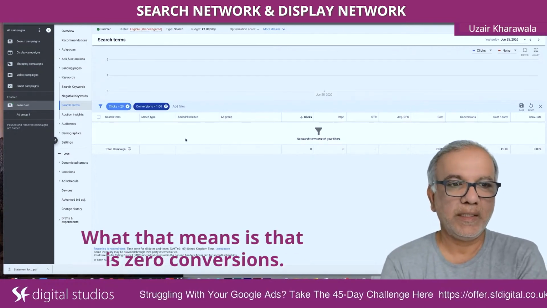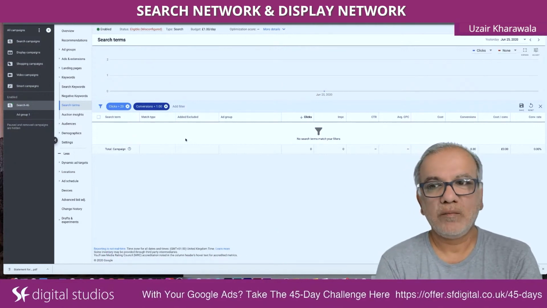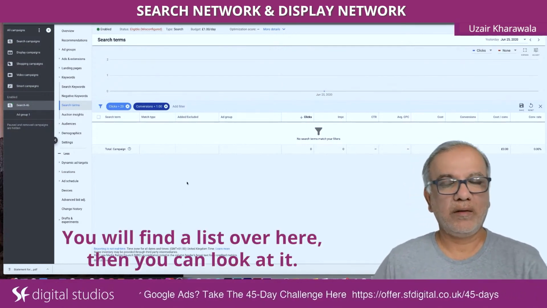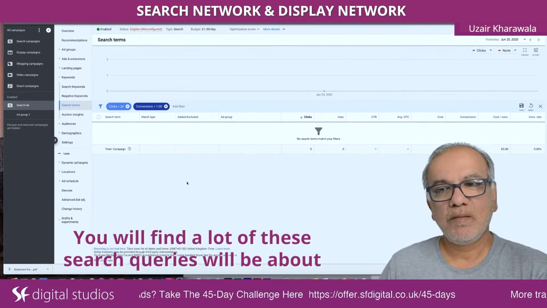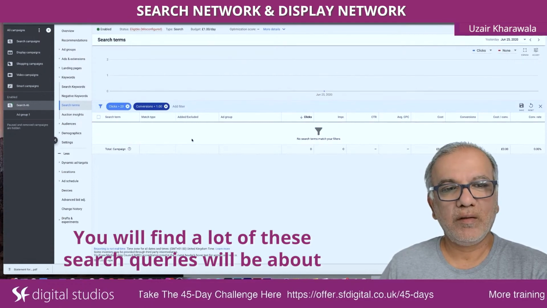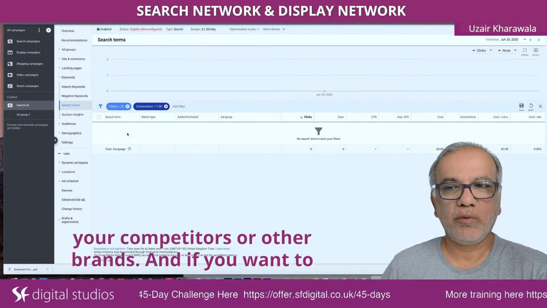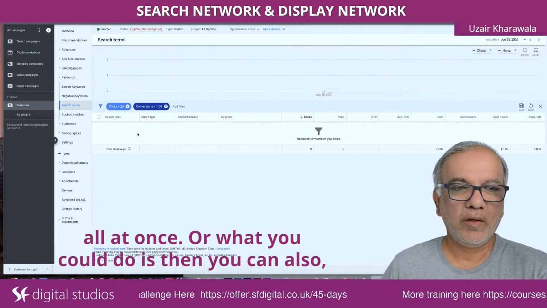What that means is that is 0 conversions. So you will find a list over here, then you can look at it. You will find a lot of these search queries will be about your competitors or other brands, and if you want to exclude them out, you can select all of them and pause them all at once.